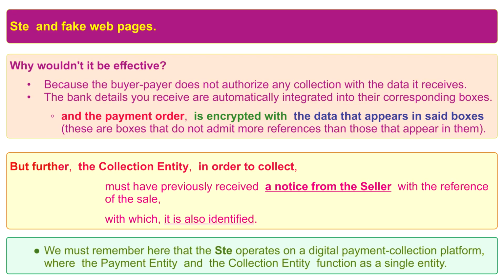Why wouldn't it be effective? Because the buyer-payer does not authorize any collection with the data it receives. The bank details received are automatically integrated into the corresponding boxes. And the payment order is encrypted with the data that appears in said boxes. These are boxes that do not admit more references than those that appear in them.